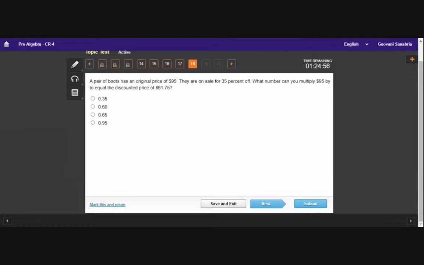Boots, his original price to $95. They're on sale for 30% off. Oh, that's... I mean, you could just... So try. This one, what I did when I got it, I just multiplied the percents until I found out, because I did this one. So I just multiplied 0.35.